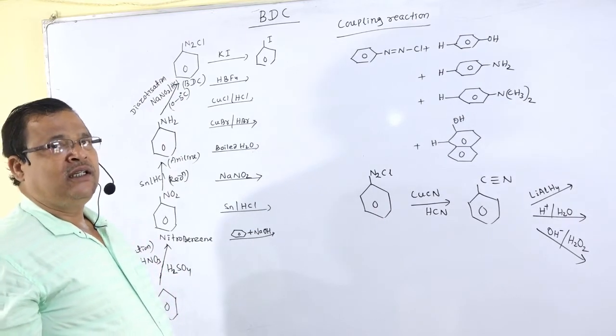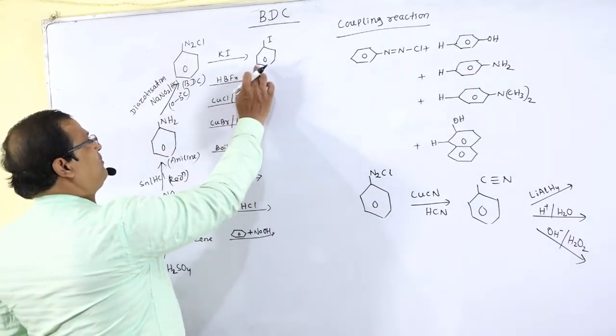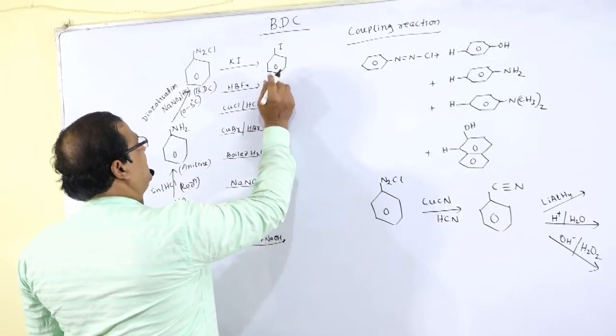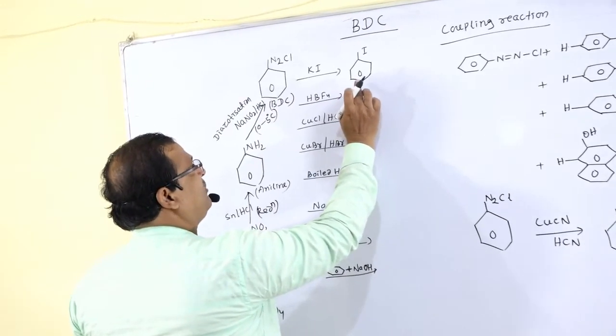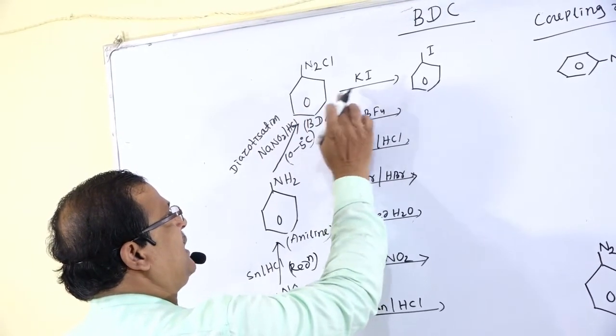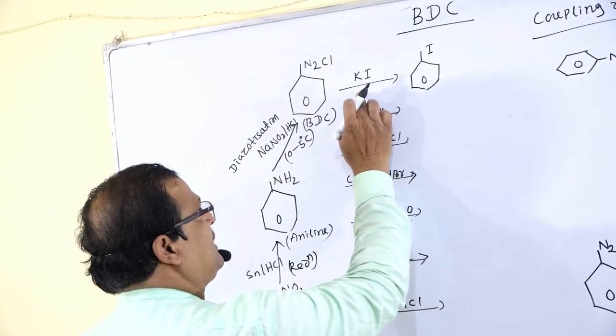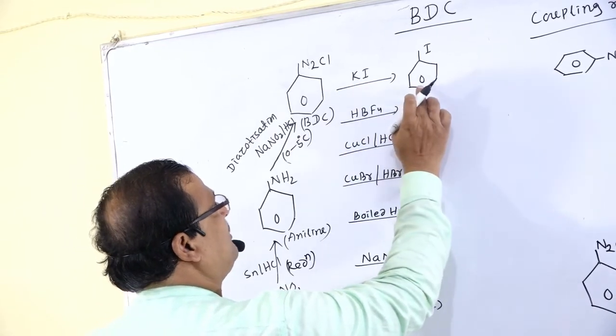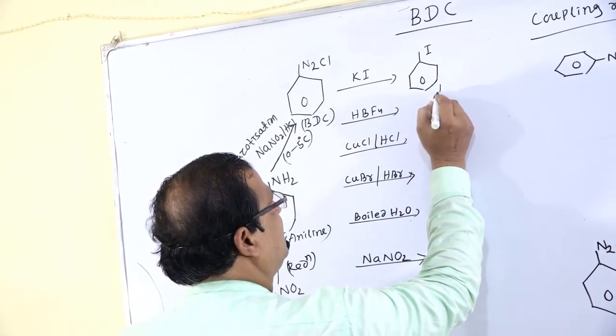We will discuss the preparation of iodobenzene. Iodobenzene is obtained from BDC treated with KI, potassium iodide.